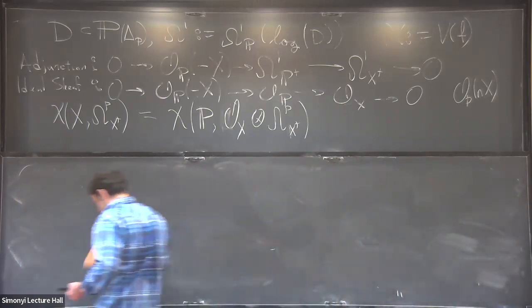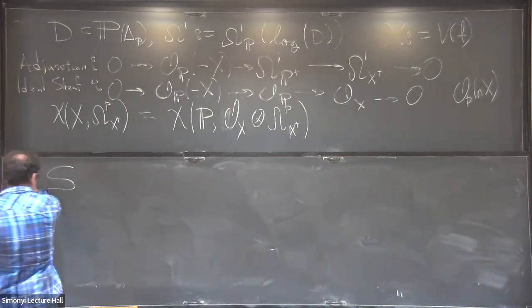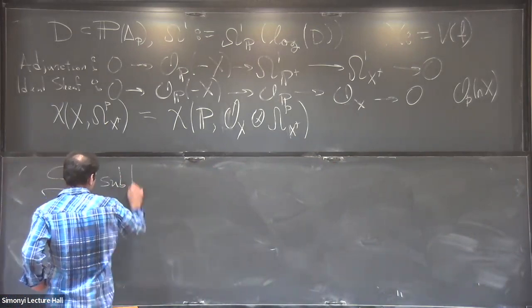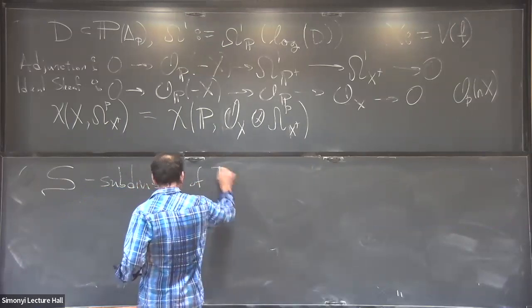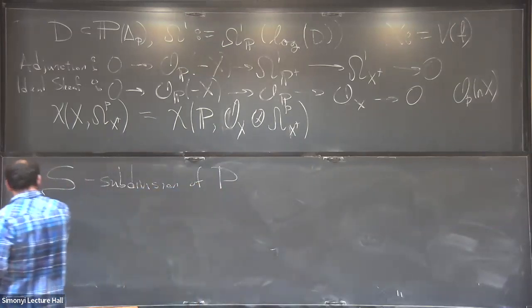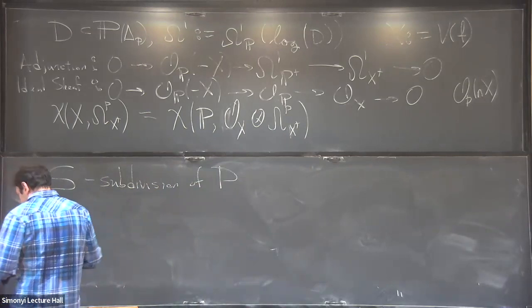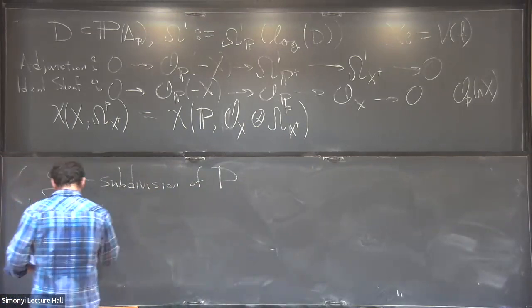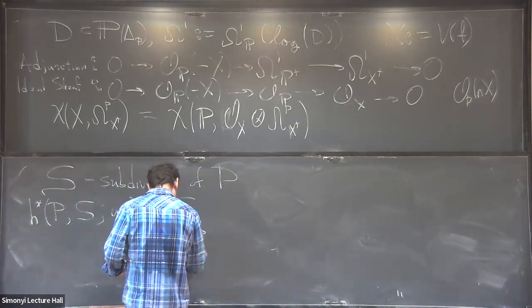Okay, so if I have a regular lattice subdivision of P, I can define an H-star polynomial attached to the subdivision, and it's a 2-variable invariant. And it can be written as a sum over faces.